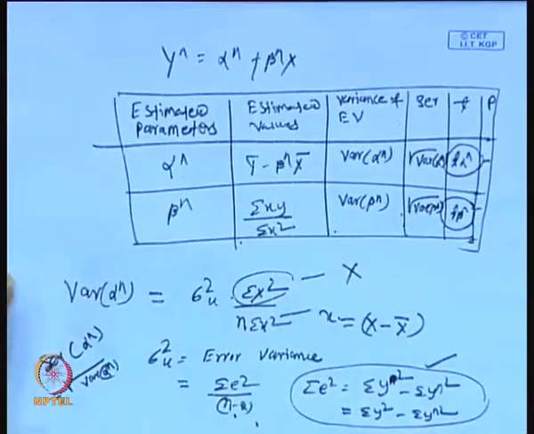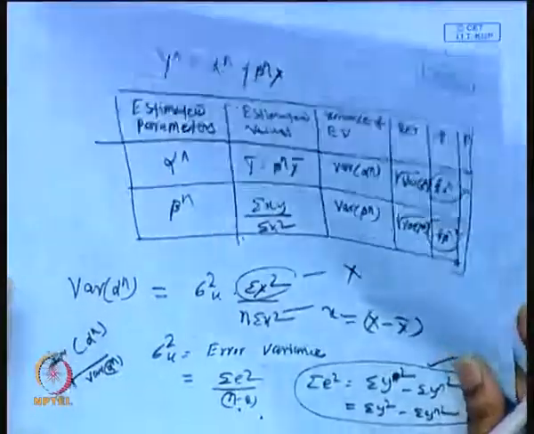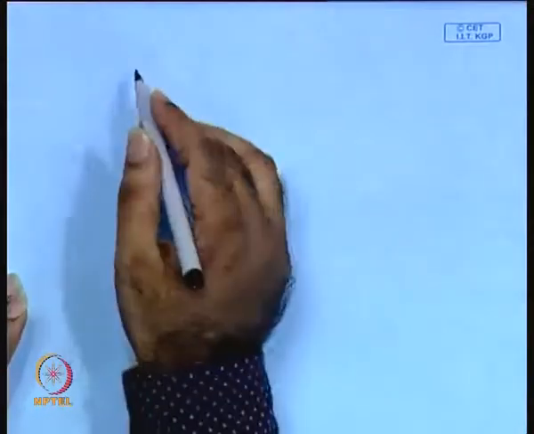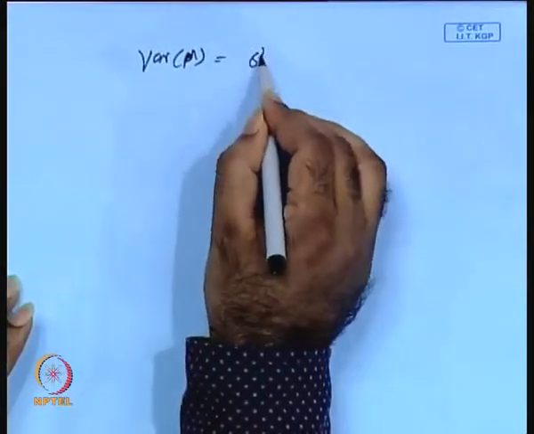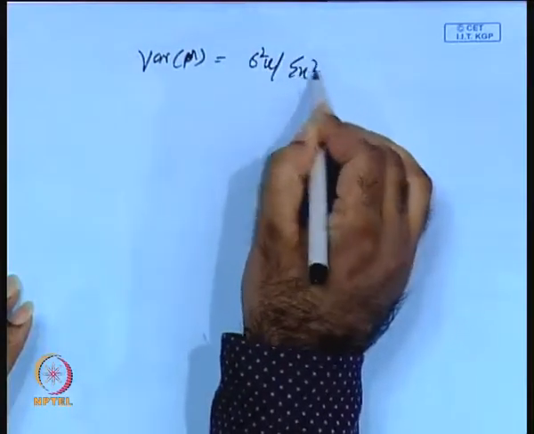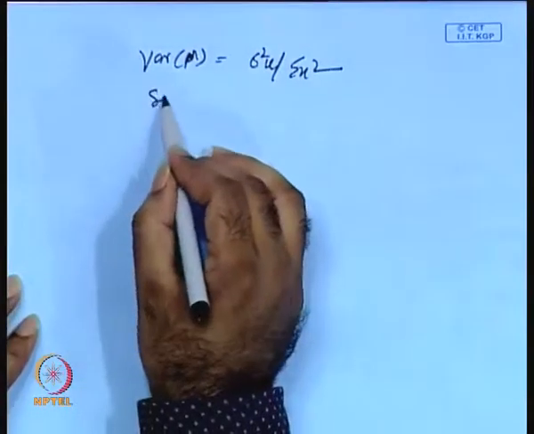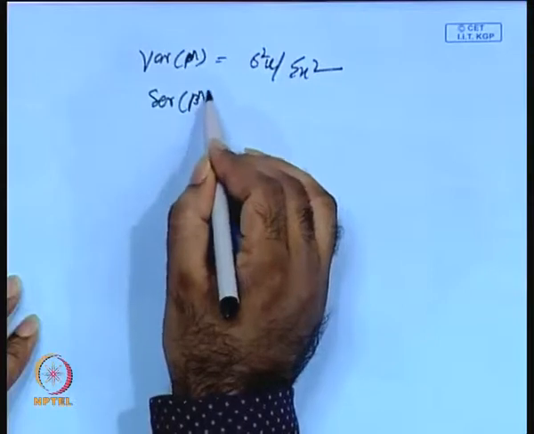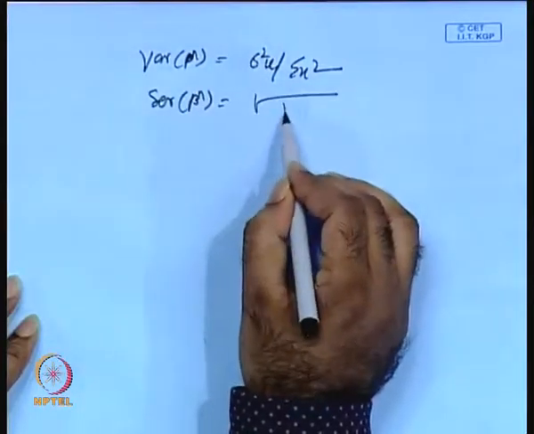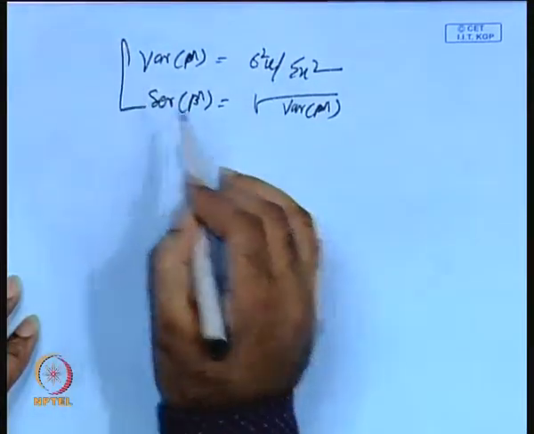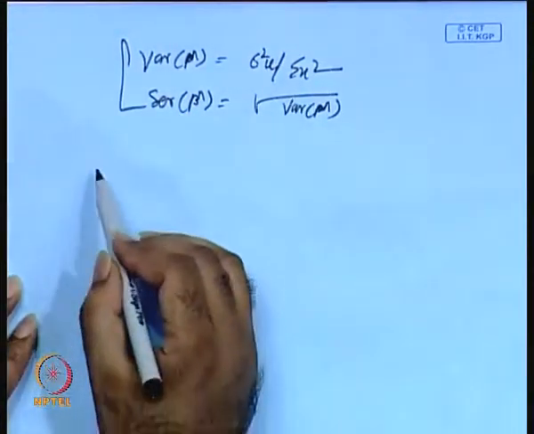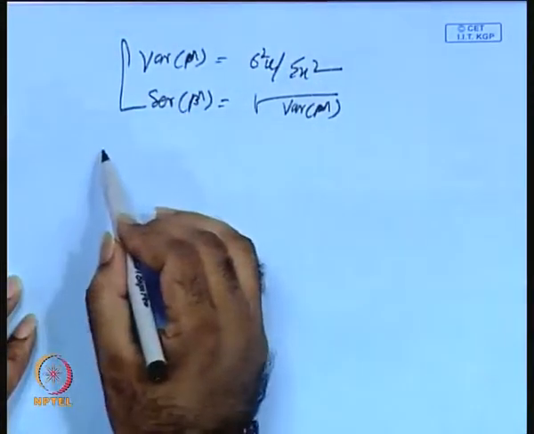Similarly, we get the variance of beta hat, which is sigma square u by summation x square. The standard error of beta hat is the square root of the variance of beta hat. This is the structure of the beta hat and alpha hat parameters.